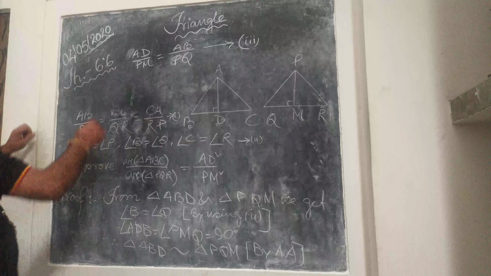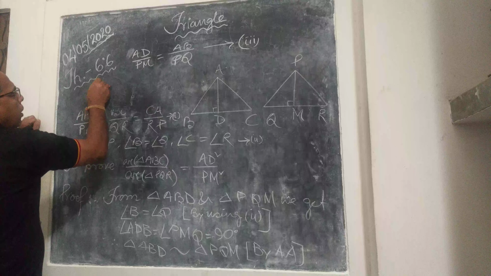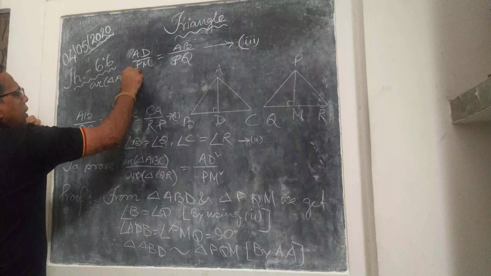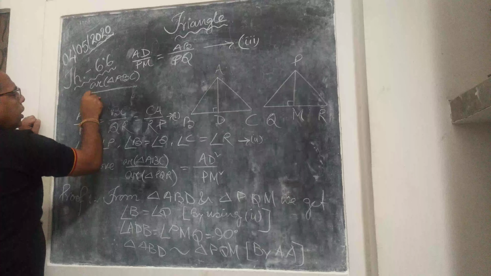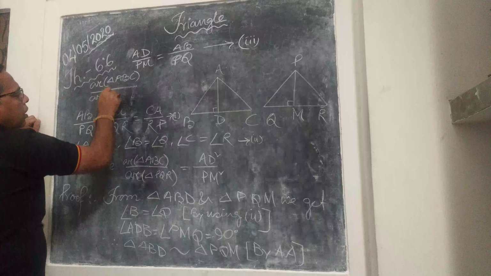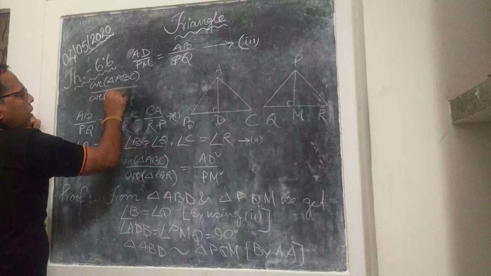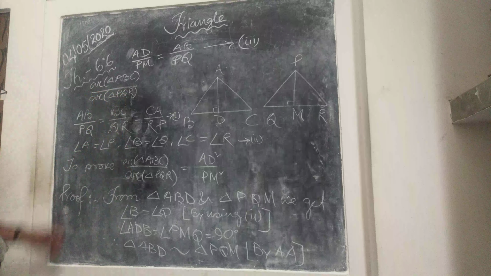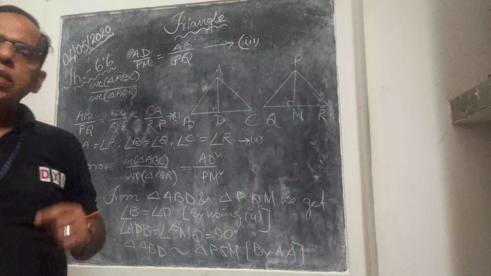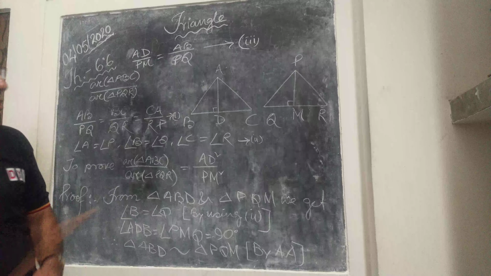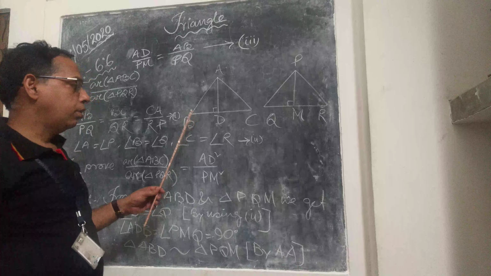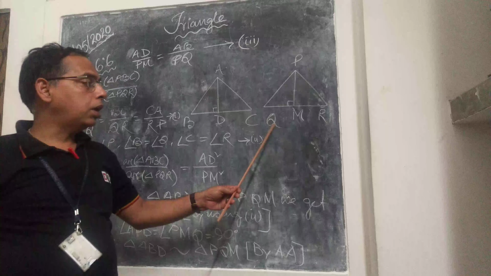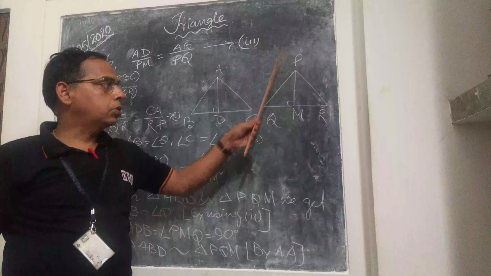Now the important part, the area of the triangle. Write area of triangle ABC by area of triangle PQR. What is the area of a triangle? Half into base into altitude. That means half into base BC into altitude AD, and half into base QR into altitude PM.